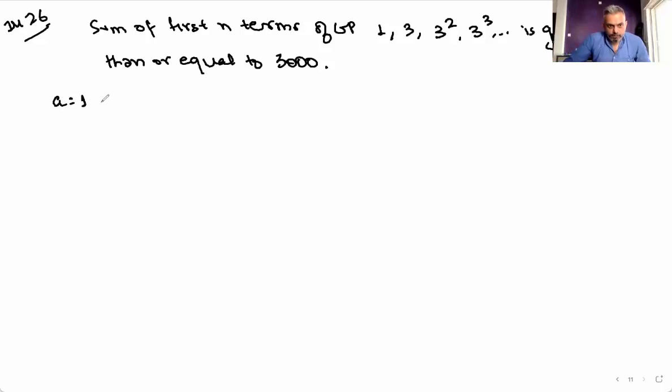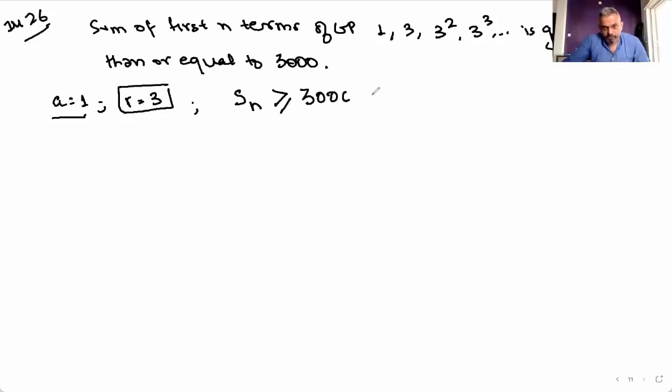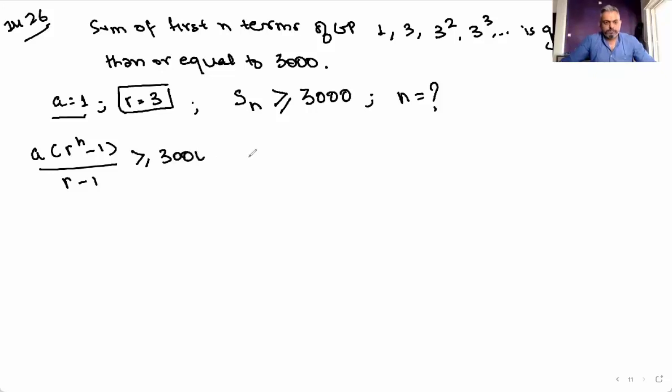A is equal to 1, R is equal to 3 upon 1, which is 3. Then the sum of the first n terms is greater than or equal to 3000. We have to find the minimum value of n. So let's write the formula: A into r raised to n minus 1 upon r minus 1 greater than or equal to 3000.